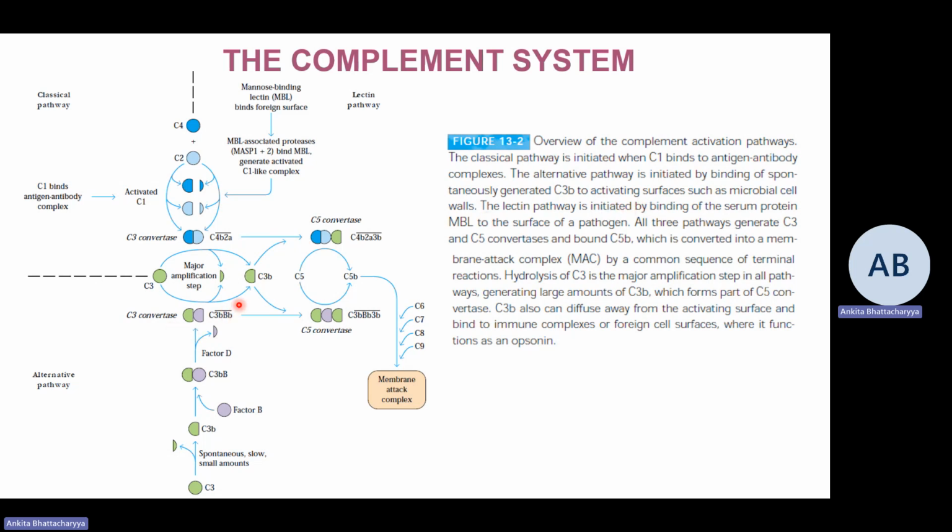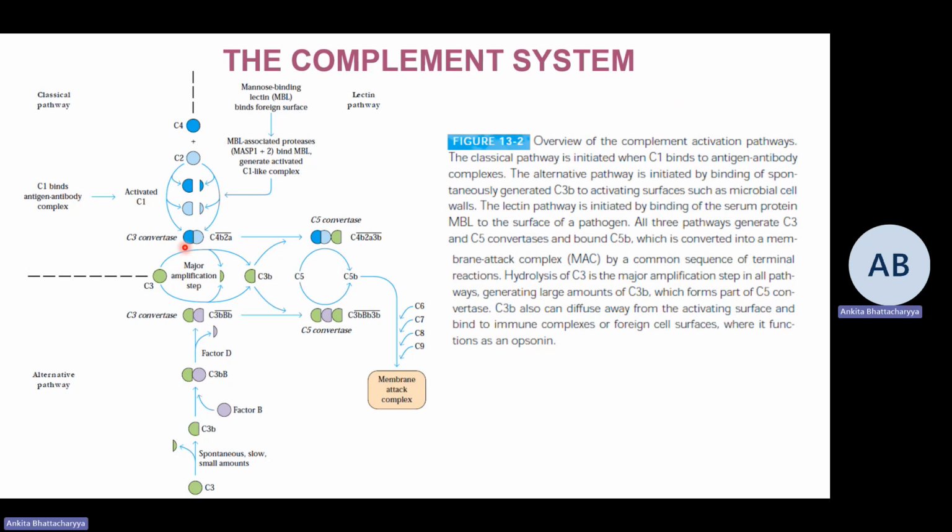So if you remember the overall convergence of all three pathways of the complement system, the main amplification step or the main rate determining step in this case was the cleavage of C3 by the C3 convertase to generate C3a and C3b.